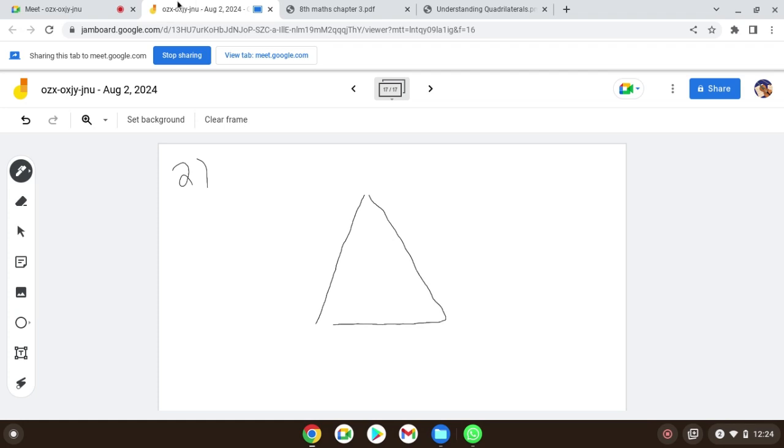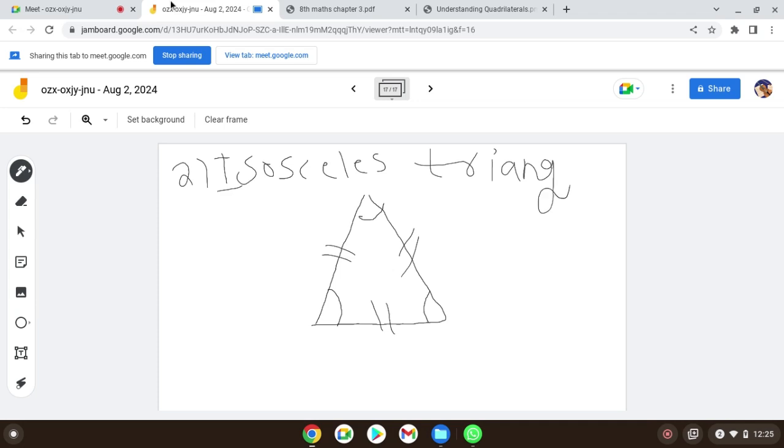Here is the same angle, here is the same angle, here is also the same angle, and equal sides. Okay, isosceles. Isosceles triangle.